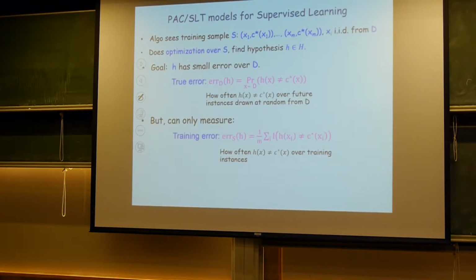Because we don't know the underlying distribution and we don't know the target function, there is no way for us to actually measure the error rate of a given hypothesis precisely. That's something we cannot compute precisely. But instead, what we can do is compute the empirical error, or the training error, of any given hypothesis function. The empirical error is formally written on the slide.